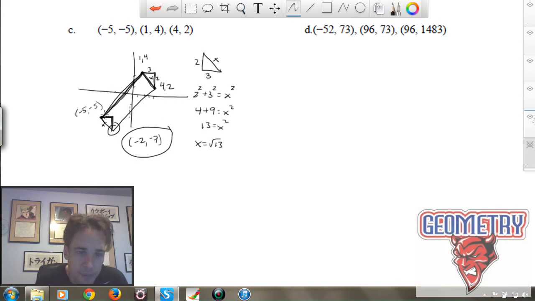Now the other one will be a little more difficult to find, so we got to find the sides of this triangle here, which I'll redraw over here. So the horizontal distance is the distance from -5 to 1. Well, that's 6. The vertical distance is from -5 to 4, which is 9.